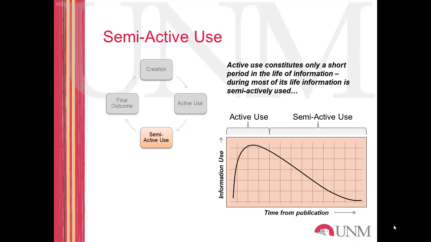Now, the longest period of life for an element of information within an organization is the semi-active use stage. And that's because there's a phenomenon that's demonstrated in the chart below that shows that information is generally most used when it's initially created, and then it quickly starts to become outdated.